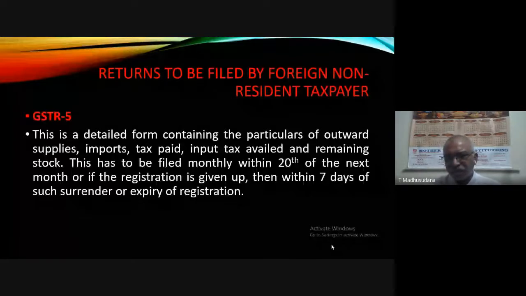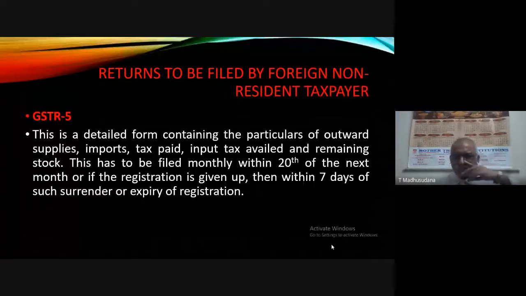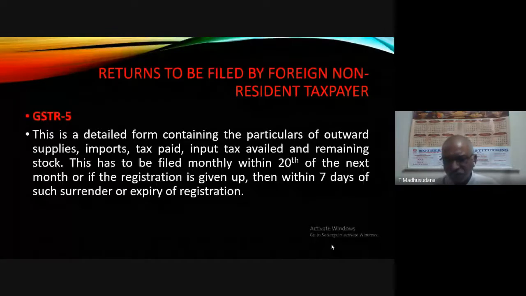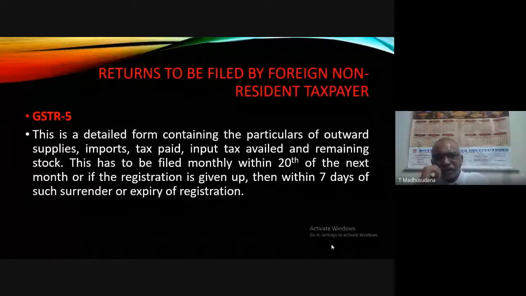This has to be filed monthly within the 20th of the next month, or if the registration is given up, then within 7 days of such surrender or expiry of registration. GSTR 5 is a tax return form to be submitted by the foreign non-resident taxpayers monthly.